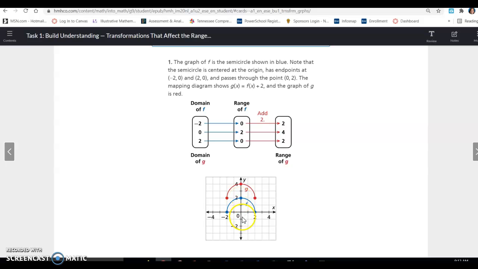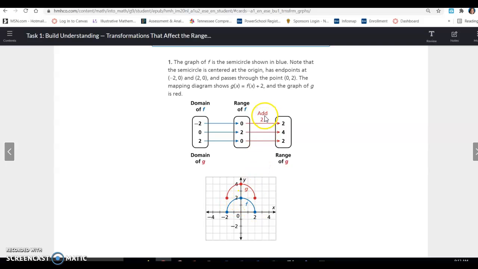The mapping diagram shows g of x equals f of x plus 2, and the graph of g is in red. Here's the domain of f, and here's the range of f. So you see (-2, 0), (0, 2), and (2, 0). Those are your ordered pairs that create this semicircle.